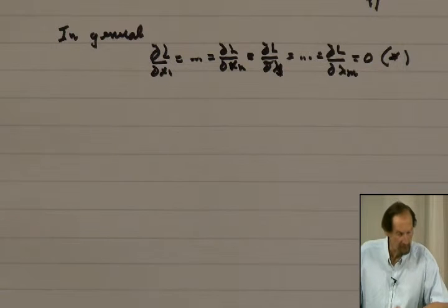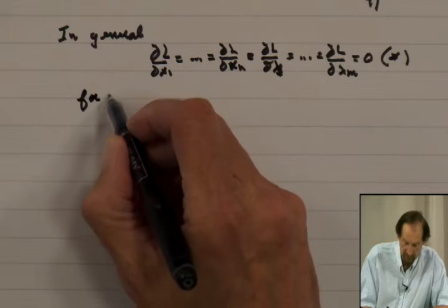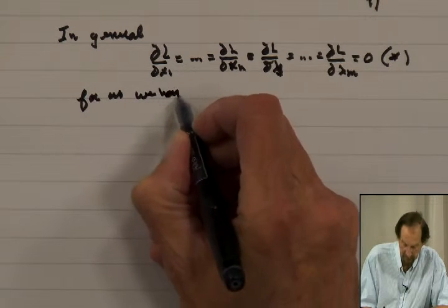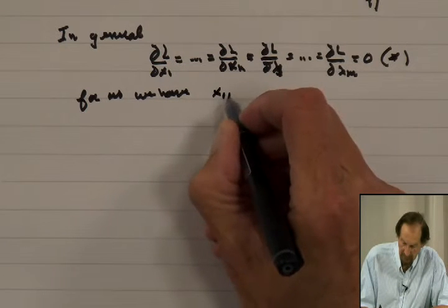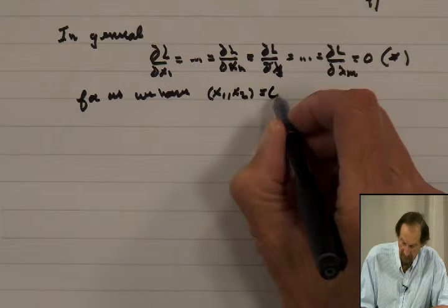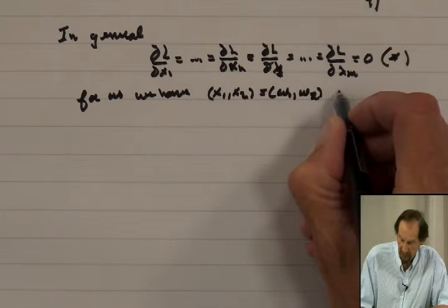Now we have the partials here. For us, we have x1, x2 equal w1, w2. So n equals 2.